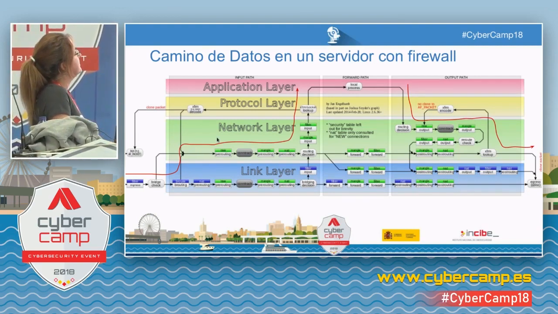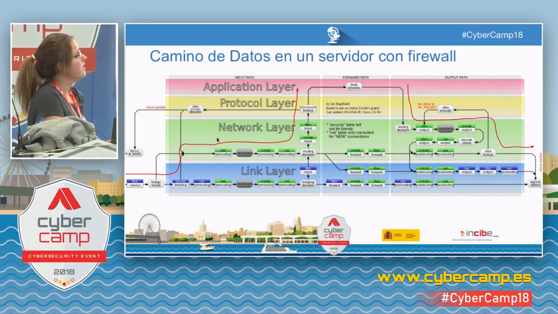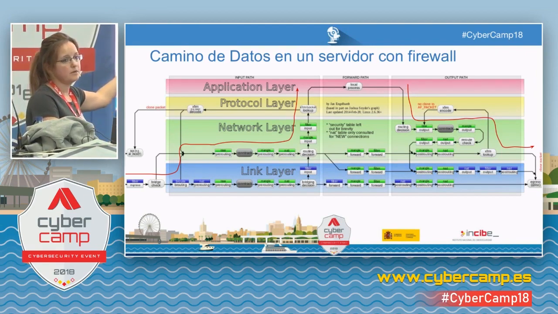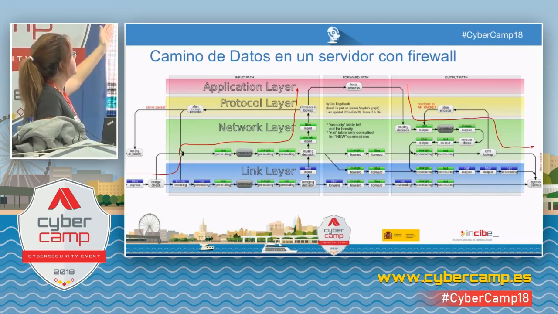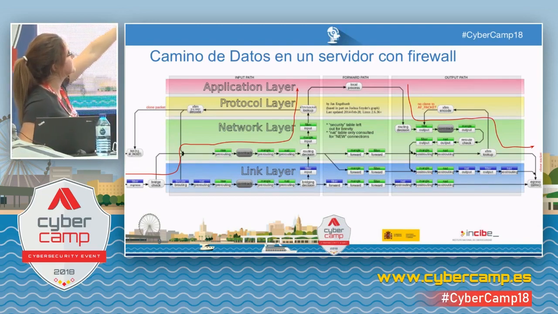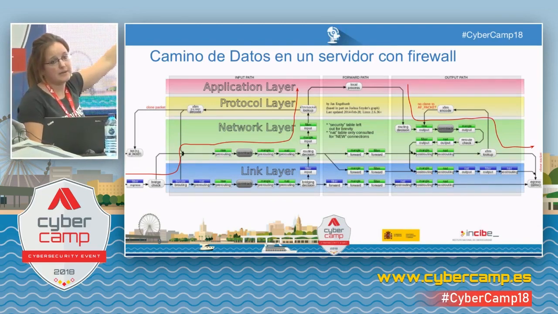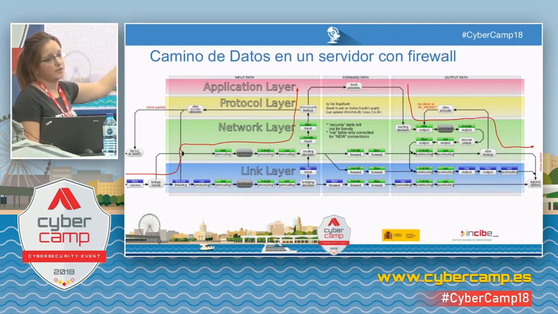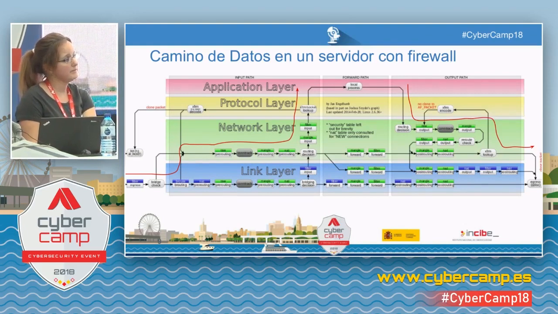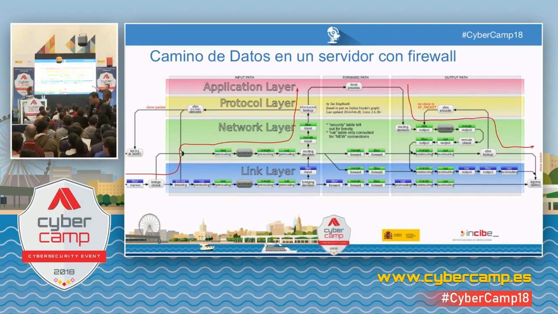We would have two different types here. The data path at the server with a firewall, for instance, or with a web server. In this case, we would have, for instance, a web server with a firewall. In this case, it would go through all the layers, getting to the application layer, finally. And then it would go to the web server.